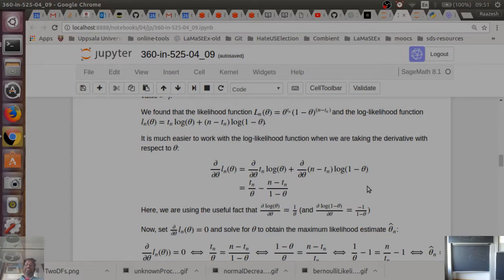If you want the maximum, you want the derivative to be decreasing, so the second derivative should be negative. Okay, good.